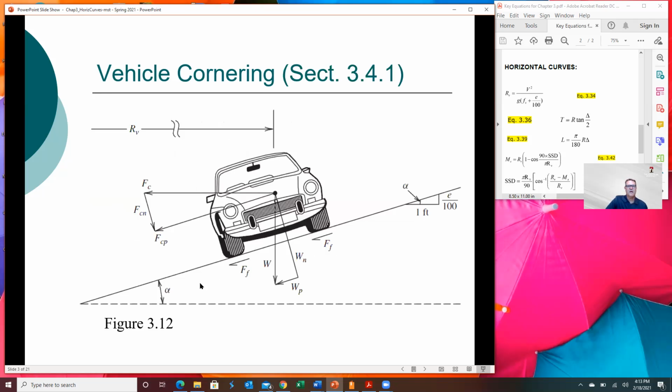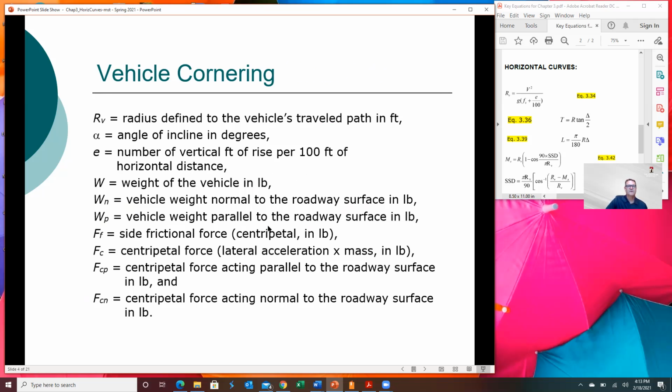Let me just go back, so you can see all of these various forces that are acting on the vehicle as it's driving at speed through a horizontal curve.